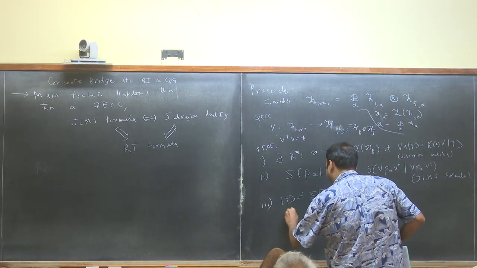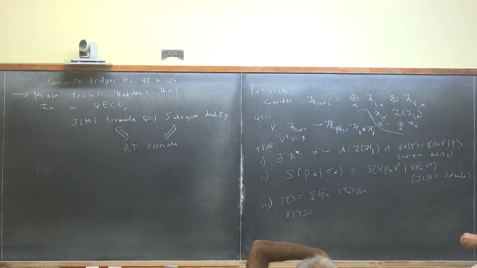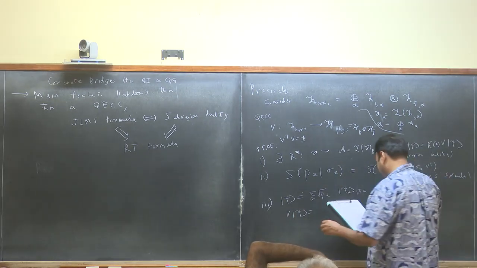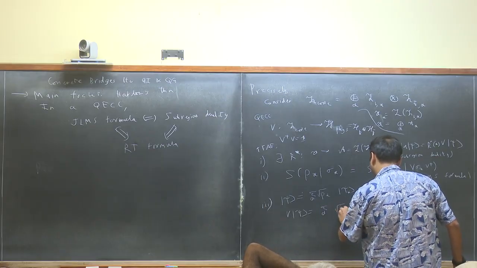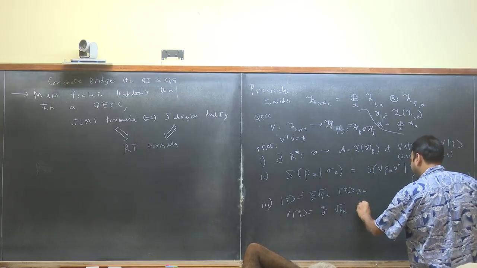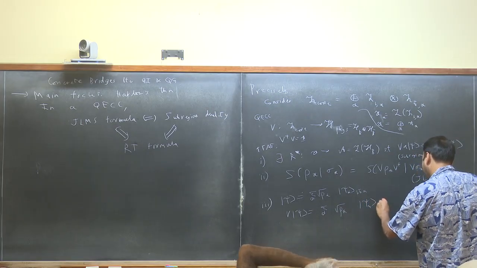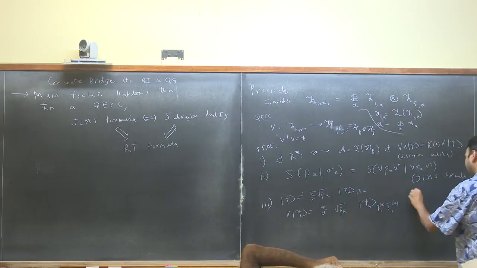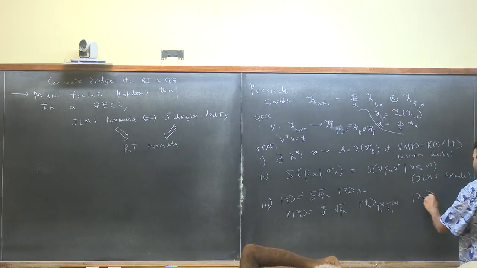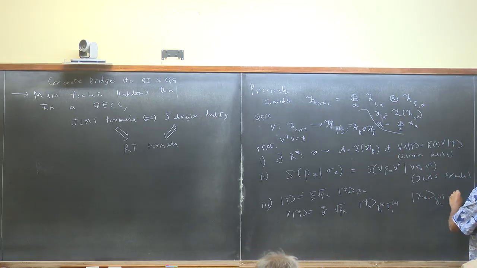The image of that state under the encoding looks very similar: the sum over alpha square root p alpha as before, then psi alpha in b1 alpha, b bar 1 alpha, tensor chi alpha.